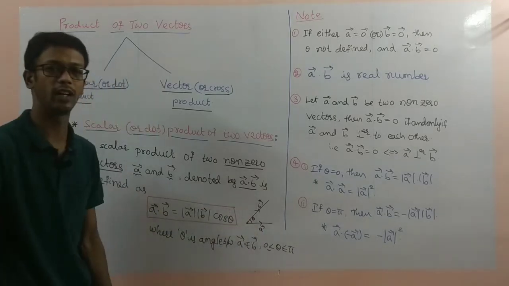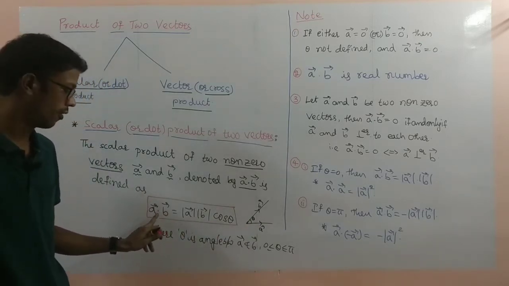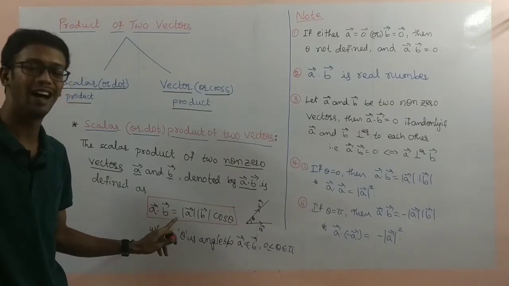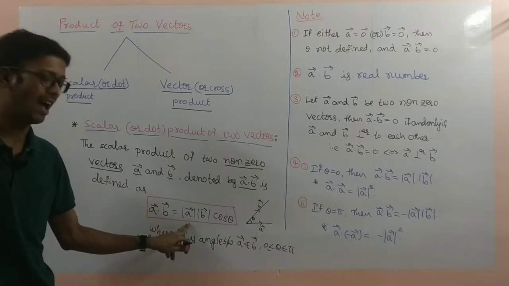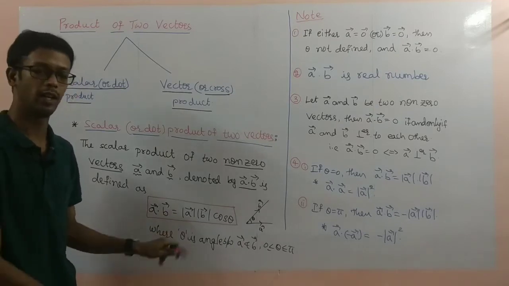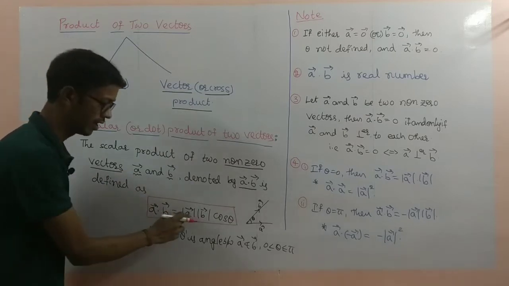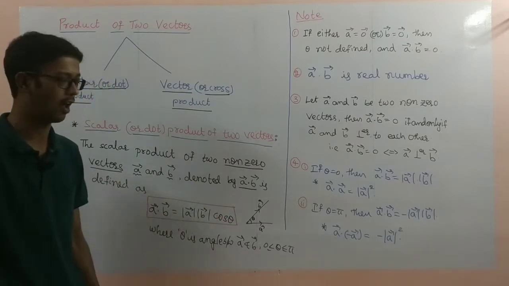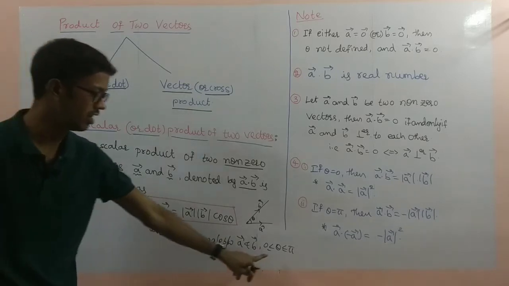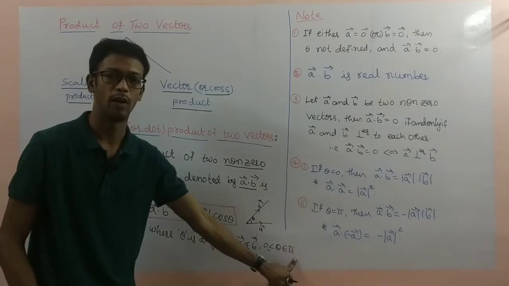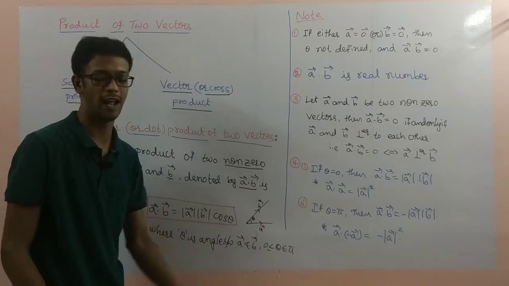So the dot product of two vectors is defined as the product of the magnitudes into cos theta, where theta is the angle between the two vectors, and theta lies between 0 and pi only, that is 0 and 180 degrees and the middle values also.